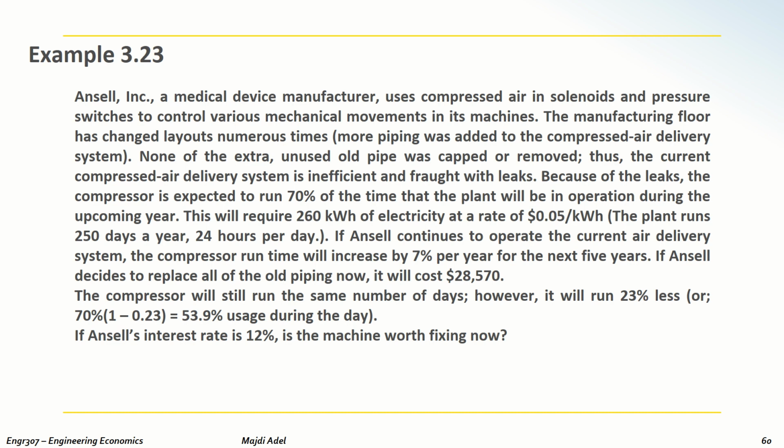Or approximately 13 hours a day. Okay, but this will not change over the 5 years. If Ansel's interest rate is 12%, is the machine worth fixing now or not?